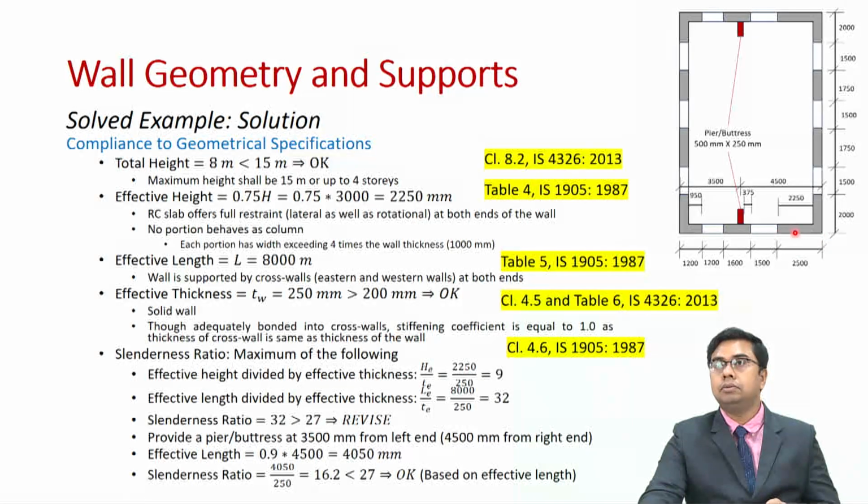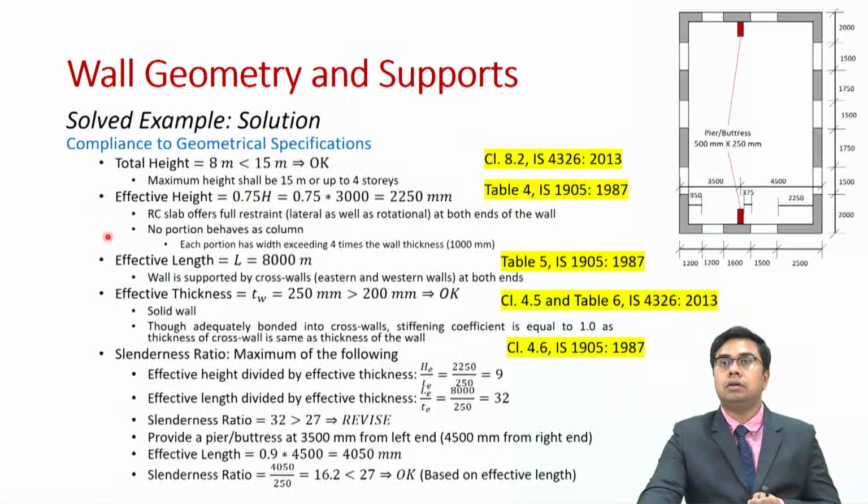That's why all of these are classified as masonry walls rather than masonry columns. So we shall follow table 4 of IS 1905 in order to find the effective height, which says it to be 0.75 times the height of the wall for such a wall which has full restraint at both ends of the wall.